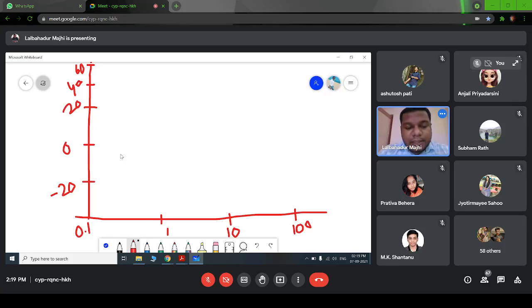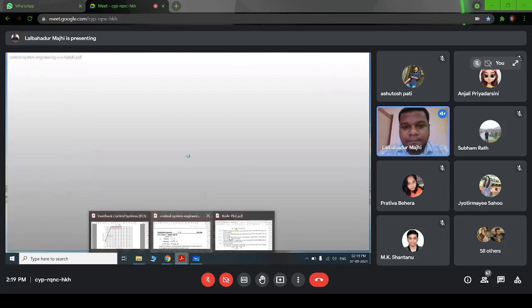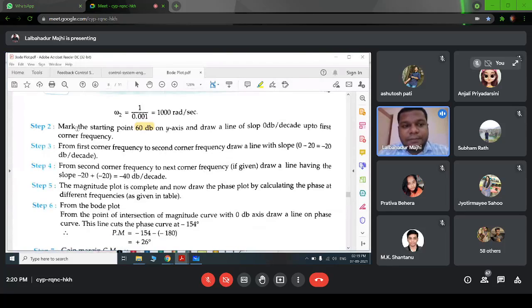As it is our type 0 system, we can find the starting point on the y-axis as 20 log K, and we got the starting point to be 60 dB. So the next step is to mark the starting point 60 dB on the y-axis and draw a line of slope 0 dB per decade up to the first corner frequency.